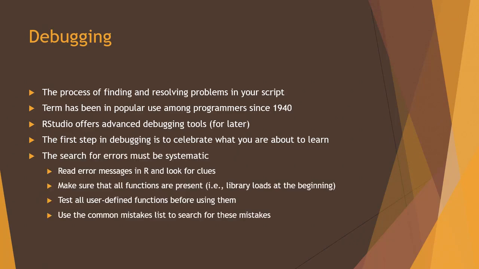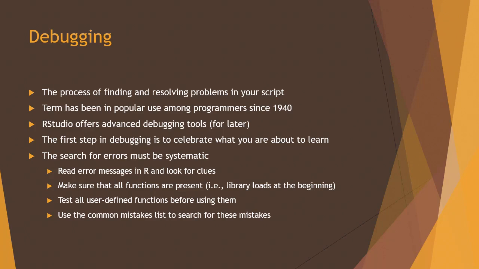When we search for errors, we must be systematic. Read the error messages, obviously, and look for clues. Make sure that all the functions are present, that our libraries are loaded at the beginning. Test all user-defined functions before using them. Just as we expect a function in base R to work, we should expect our own functions to work.